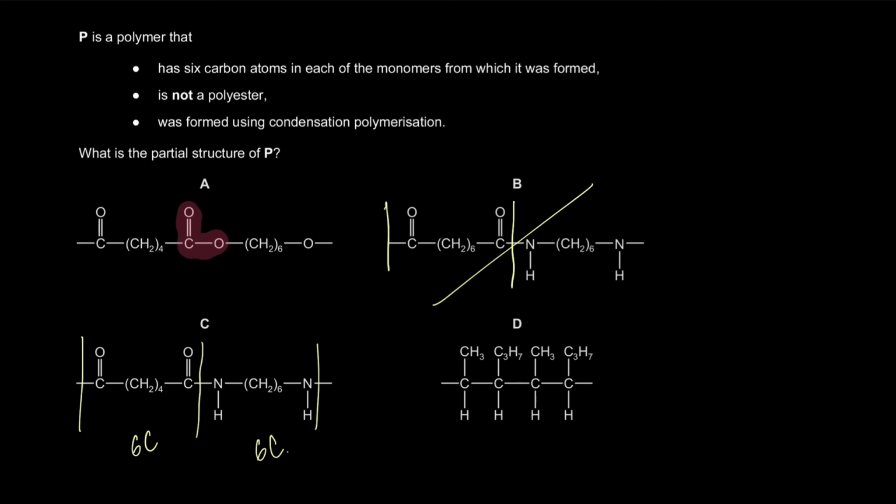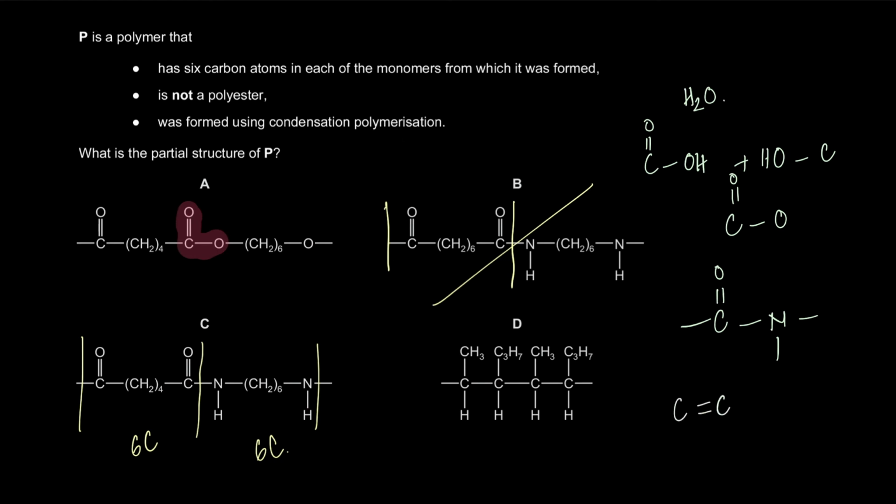Condensation polymerization happens when water is produced. So that could be due to the ester linkage forming with an alcohol, right? This would make an ester linkage. Or the other condensation polymer is the amide one, right? So the addition polymerization happens between carbon with double bonds, right?